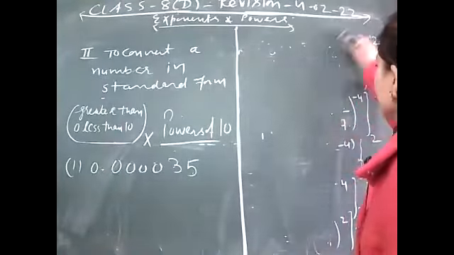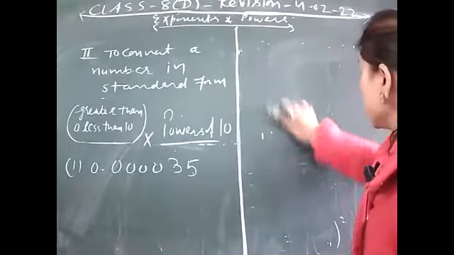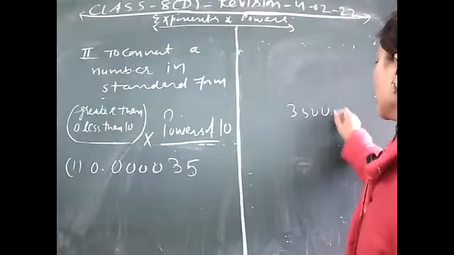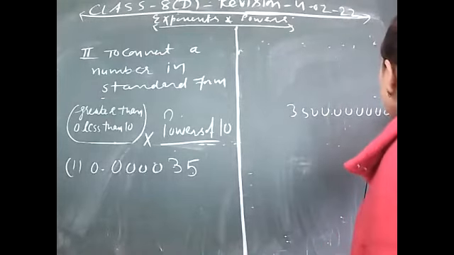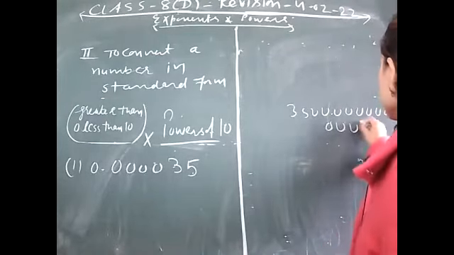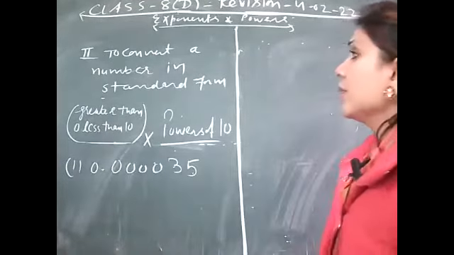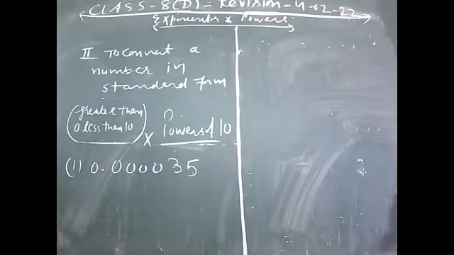The need of the standard form is that sometimes the value of the number is very large, and we are not able to read it in either the international system or the Indian system. To overcome that shortcoming, we can convert the number in the standard form.